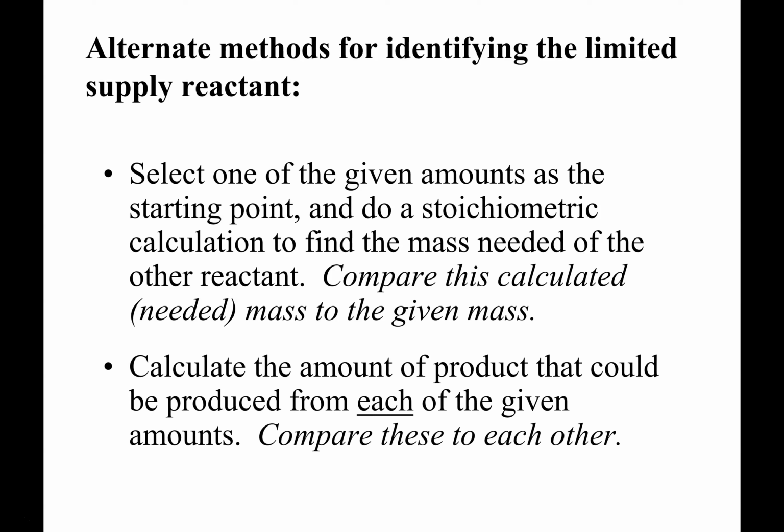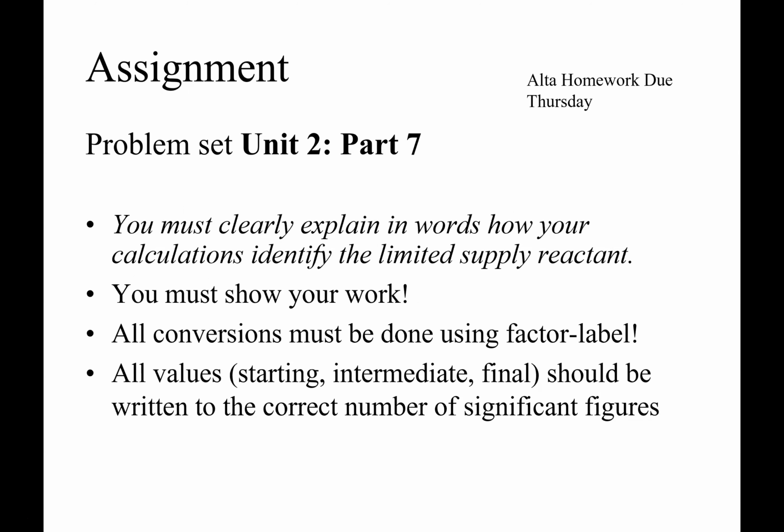This other one, again, would be 2 stoichiometric calculations. If you have A and B reactants that form products, you could say, if I have A, how much product am I going to get? Pick one of the products. If I use all of B, how much of that same product am I going to get? Then you could compare the masses of those 2 scenarios and see whichever one gives the least amount. That would show you the limiting reactant. So there's definitely some options.